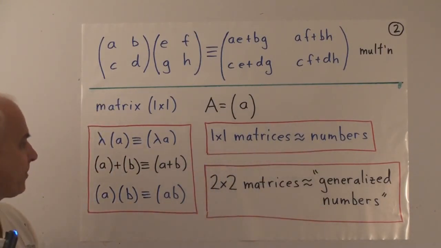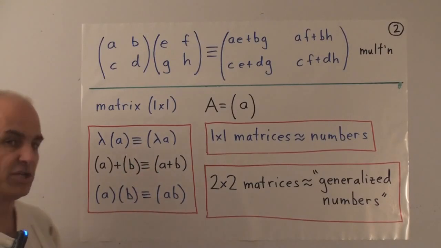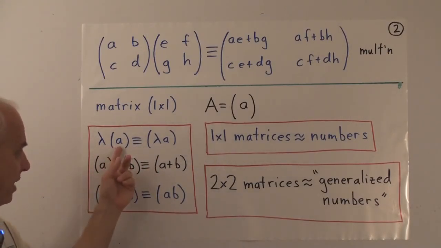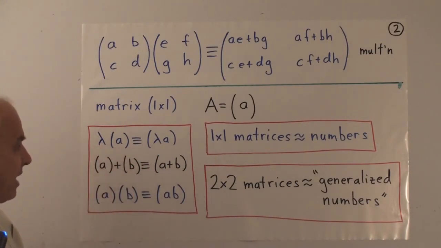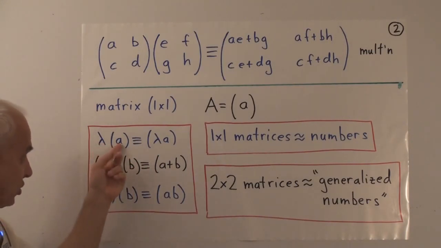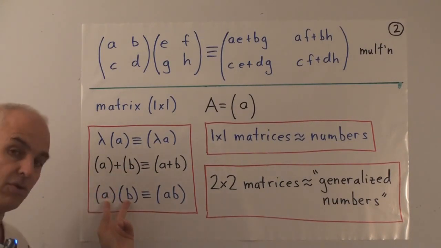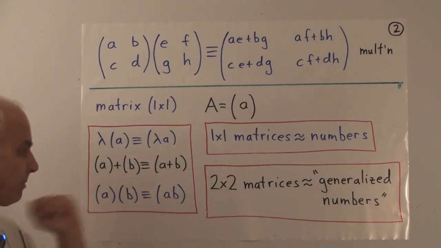It's really not much different. And here are the three operations for 1x1 matrices. We can multiply a 1x1 matrix by a scalar, in other words, by a number, just by multiplying the entry by that number. We can add two 1x1 matrices just by adding the entries. And we can multiply two 1x1 matrices by multiplying the entries.